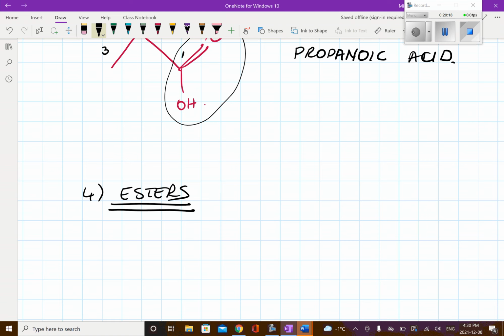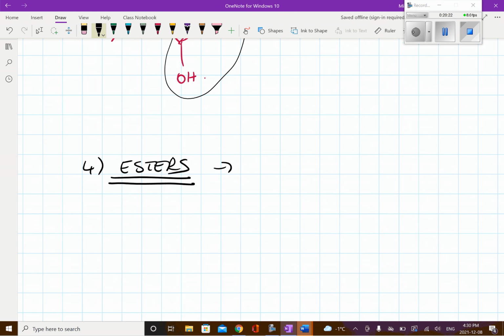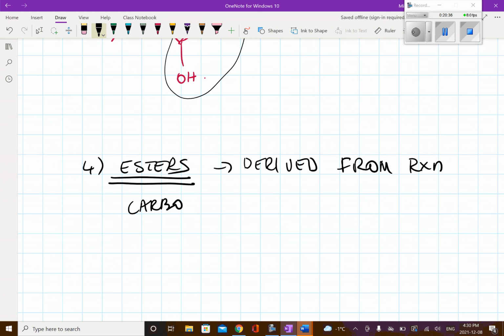Esters are derived from reactions between carboxylic acid and alcohol.